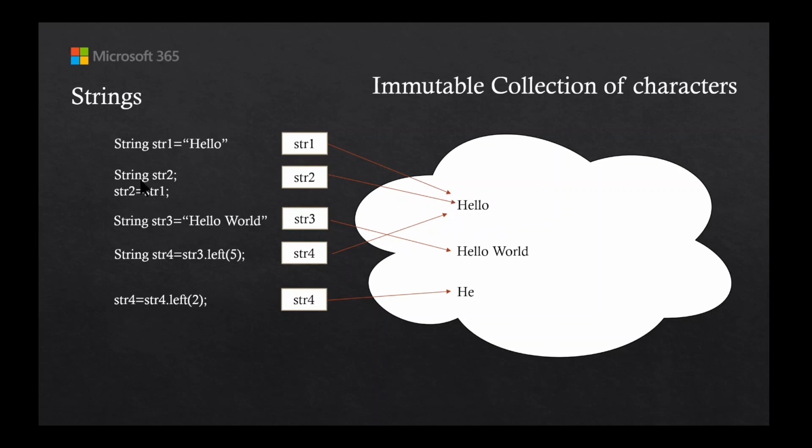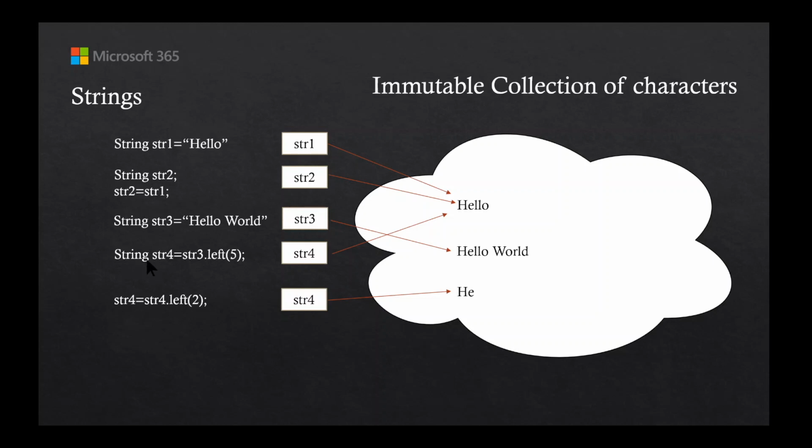Now, if I write str2 equal to str1, basically we are storing this hello to str2 as well. So now str2 also points to the same memory location. Now, if we move ahead, execute this code where str3 is equal to hello world, str3 gets a new location where hello world is stored.